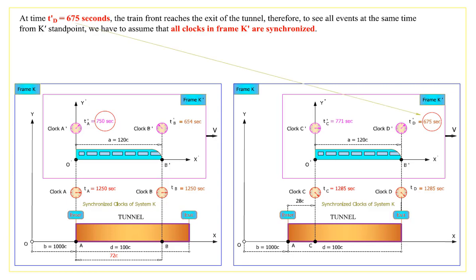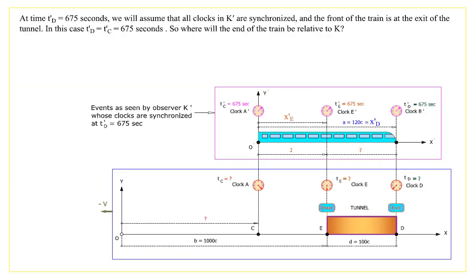Therefore, to see all events at the same time from the K' standpoint, we have to assume that all clocks in frame K' are synchronized. At time t'd equals 675 seconds, we will assume that all clocks in K' are synchronized, and the front of the train is at the exit of the tunnel. In this case, t'd equals t'C equals 675 seconds.